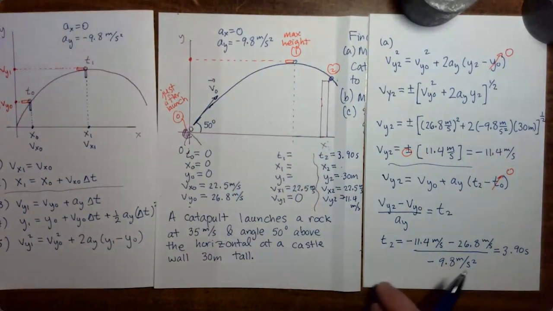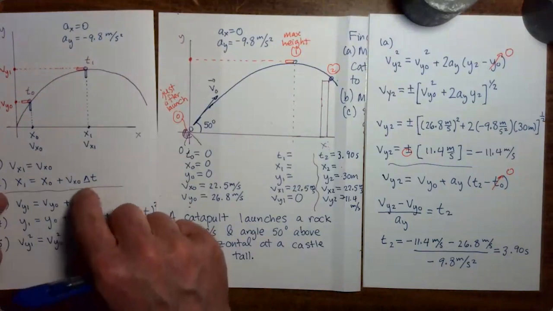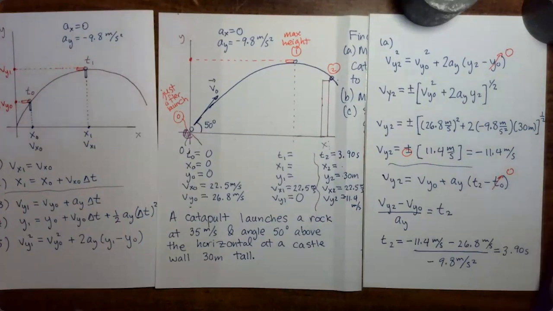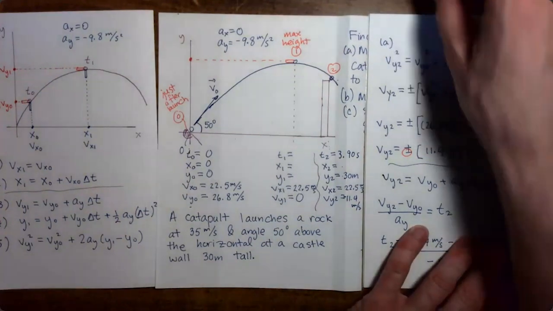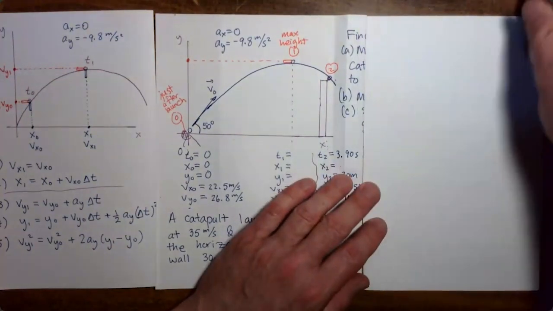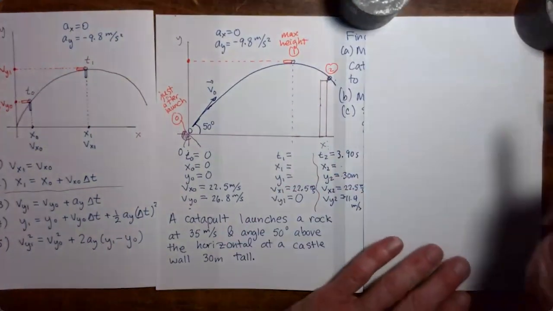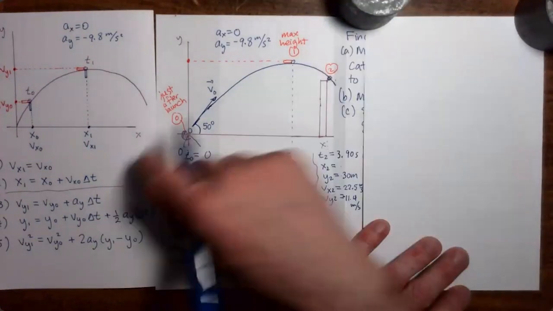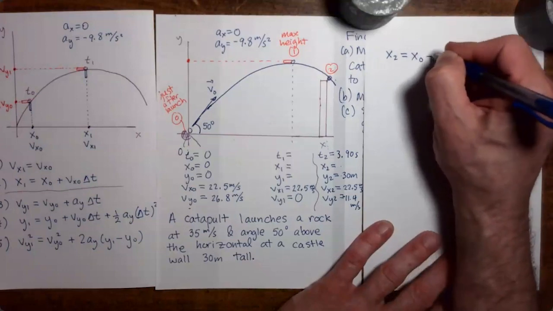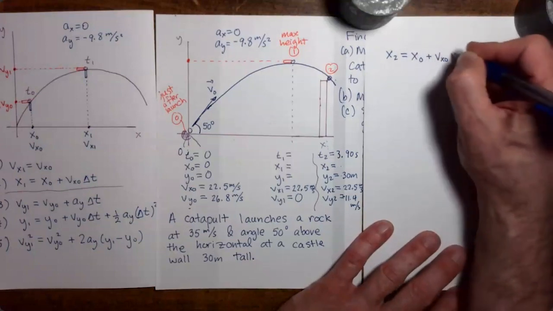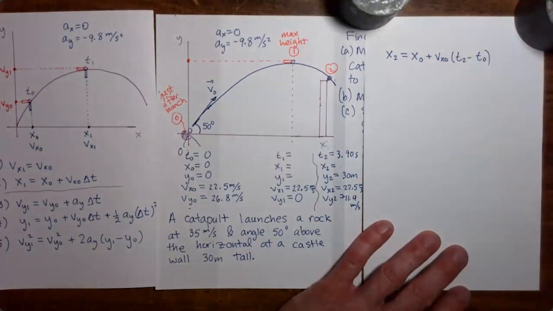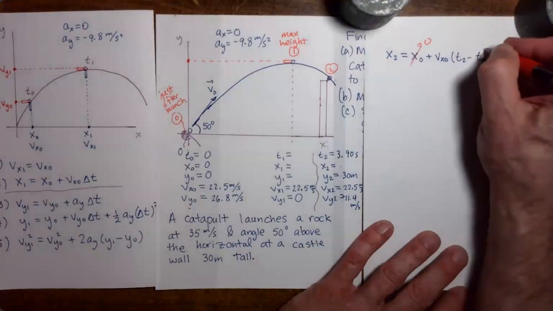Now we go to the next step, which was to use equation 2, connecting moment 0 to moment 2, and use that to find the x-coordinate of the castle wall. All right, so I need to flip that sheet over. We have some clean space to work with. Okay, using equation 2 now, we have x2 equals x0 plus vx0 times (t2 minus t0). x0 is 0, t0 is 0.